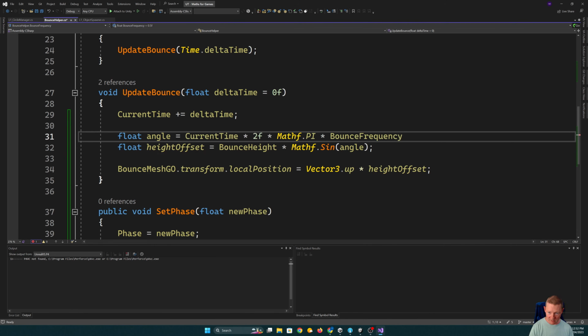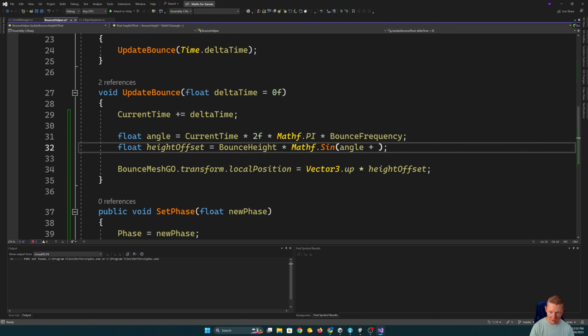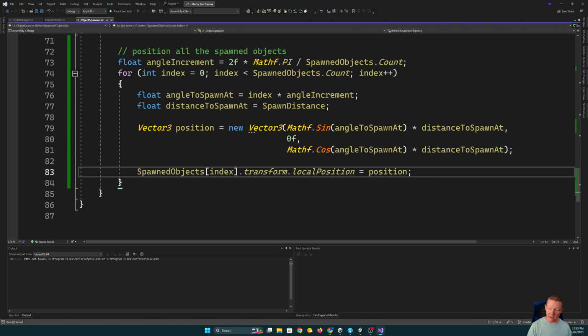So we do that. So we have angle plus our phase. So what that now means is that each of these will move according to that particular angle and that phase. So we can offset the individual ones scattered around.